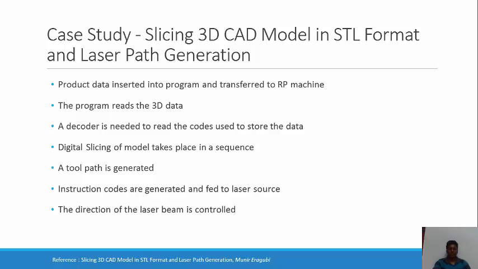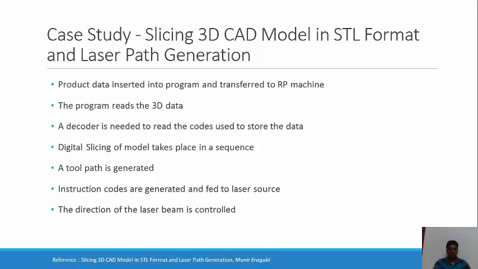Product data which has been designed by CAD software is inserted into the program and then directly sent to the rapid prototyping machine, which manufactures the final product by converting a slice of the raw material powder to solid material, then bonds it to the previous layer automatically. The program reads the data of the 3D design which has been saved in STL file format, which requires a decoder for the codes used to store this type of file.